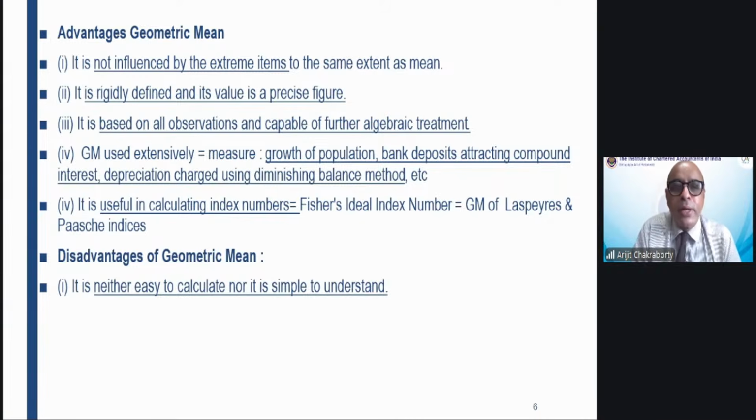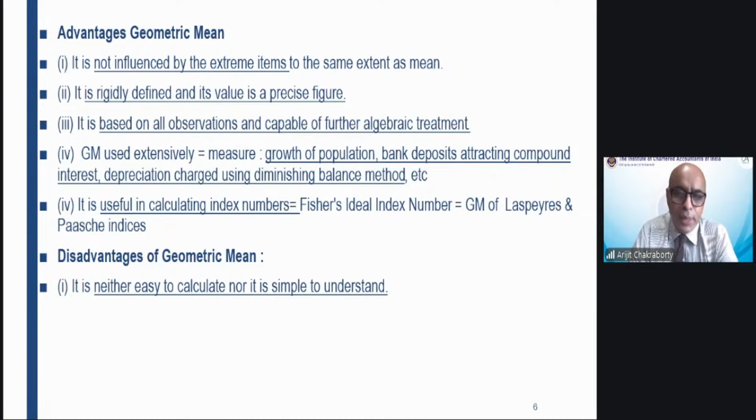In case of arithmetic mean, even if you have 10 different variables, 20 variables, 50 variables, you just simply add up and divide by 50. Say there are 50 numbers, you get the total sum, and then divide by 50, you get the arithmetic mean. But in case of geometric mean, if we are given 50 numbers, we have to multiply all of them, and then we need to derive the 50th root of the product.